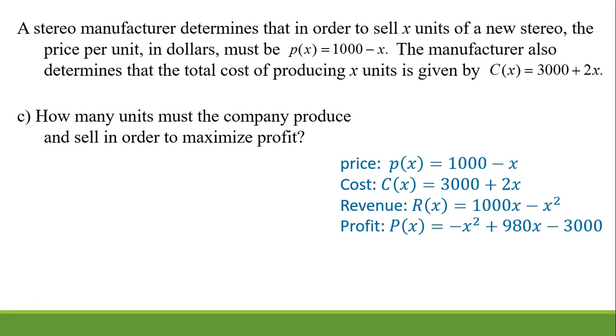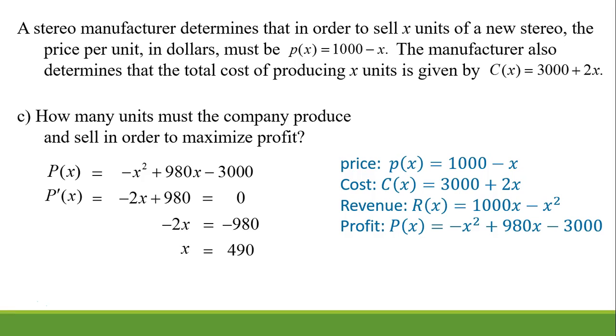How many units must the company produce and sell in order to maximize profit? So now we see that word maximize, which tells us that a derivative would help us find a maximum value. Since we're trying to maximize profit, we're going to have to take the derivative of our profit function, which is -2x + 980. And we'll set that equal to 0 to find our critical value, which is 490.